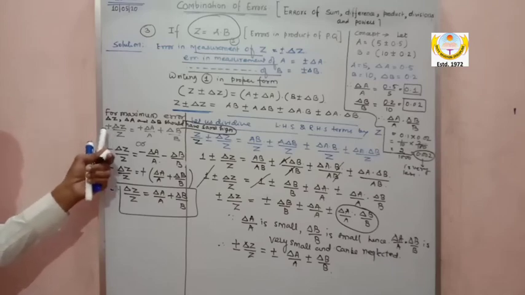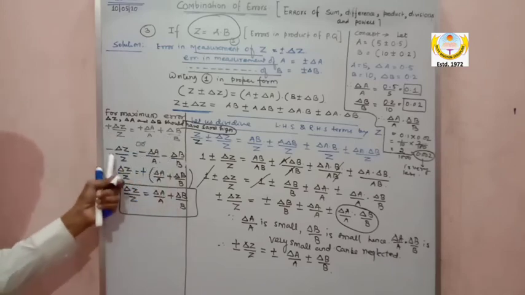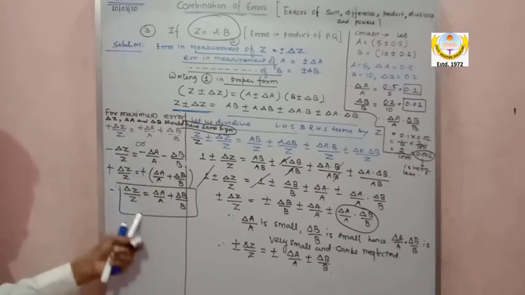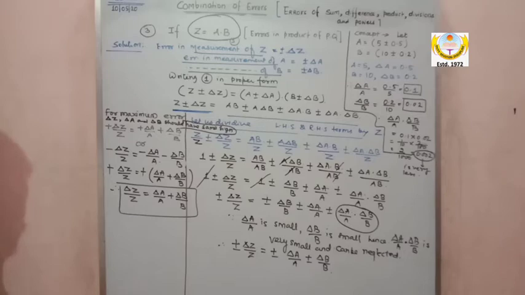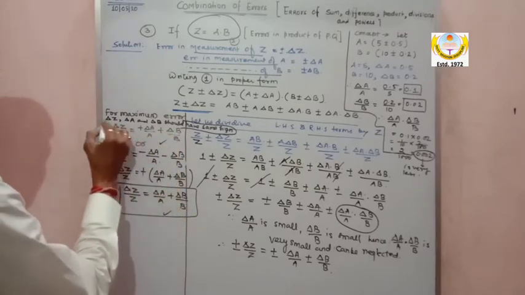So I have taken the same sign first, or here also I have taken same sign, but when I solve this, the final answer is the same. So now my dear, I hope you all understood this concept. Del Z by Z is nothing but plus del A by A plus del B by B. This is the final answer for both the steps.